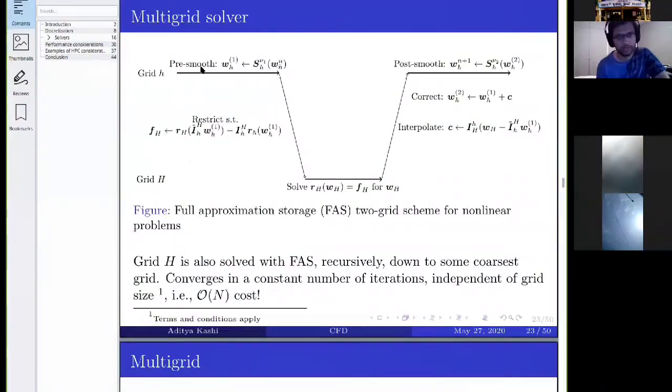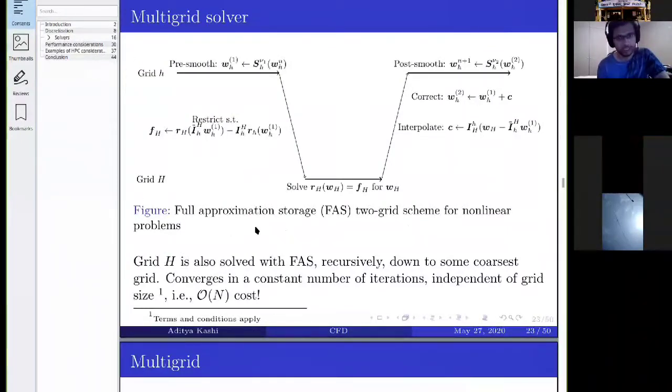Once we have the residual, we can apply a grid transfer operator and compute an approximate residual on the coarser level, and similarly for the approximate solution itself. Just as we discretize the original PDE on the fine grid, we can do the same on the coarse grid, and then we have a residual on the coarse grid as well.